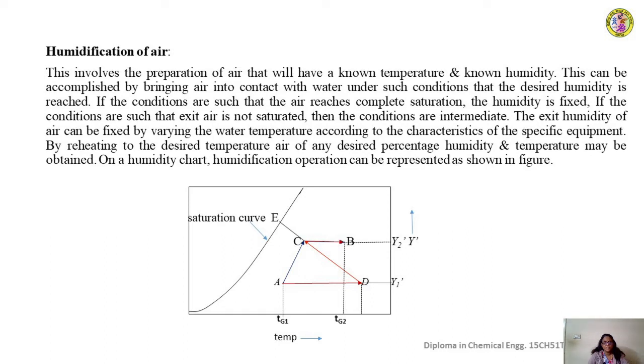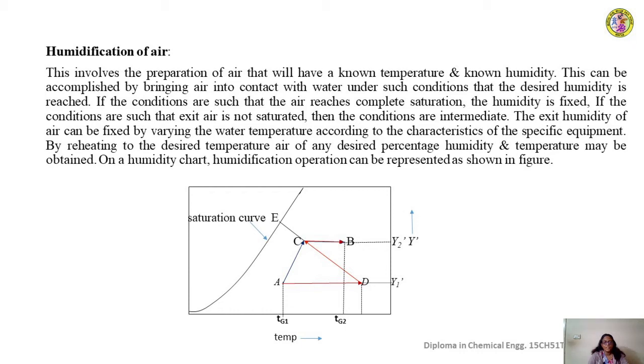In another method, which is called the adiabatic humidification method, first you heat the mixture to a high temperature, and from that temperature if you cool the mixture adiabatically, the desired humidity will be reached. Then after the desired humidity is reached, you can reheat the mixture to whichever temperature is desired.